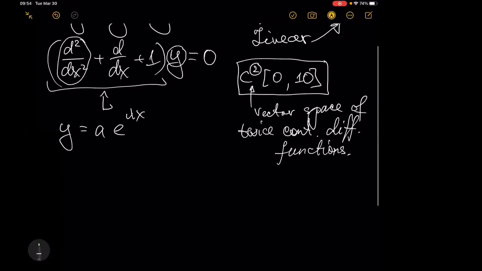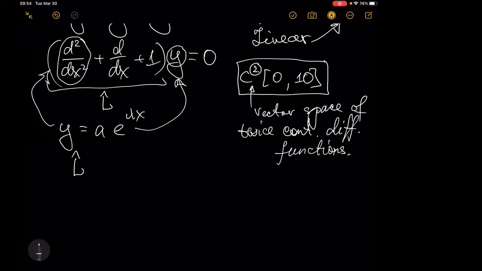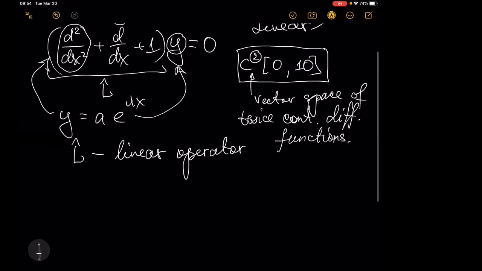By the way, L is a linear operator. Why? Because differentiation is a linear operator. We have seen this already. You can check that it starts from the vector space of these functions and ends in the vector space of continuous functions on the same interval.